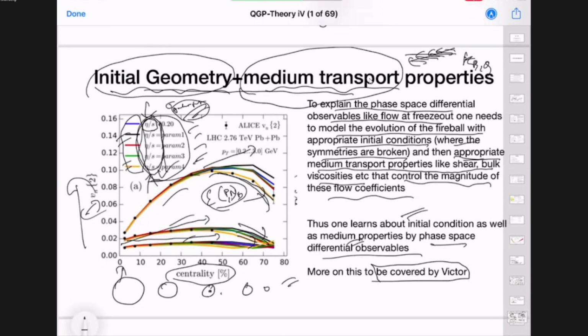So you need a shape, but you also need a strong core, because the gradient in pressure also needs to be large. Yeah, so the degree of thermalization itself will be smaller for an extremely peripheral system, because you do not have the gradient established. Yes, thank you.